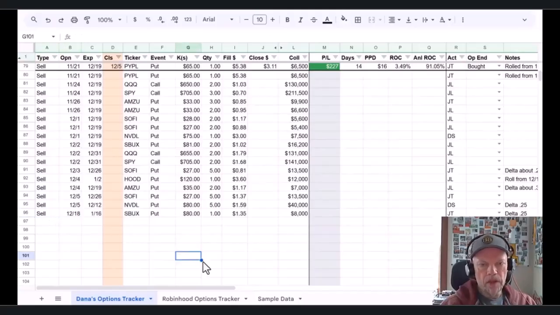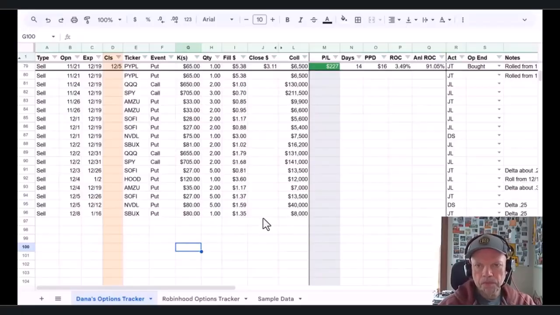Okay, I filled out my spreadsheet here, 12/8. Expiration 1/16, Starbucks is a put, strike price at 80. Only sold one contract, got $1.35 premium, and $8,000 of collateral.